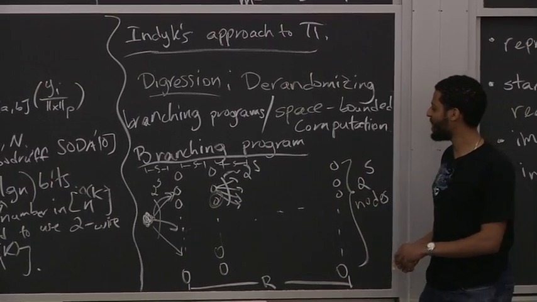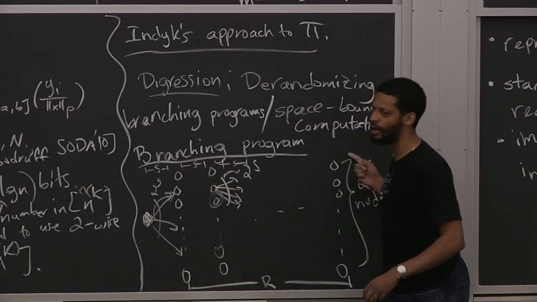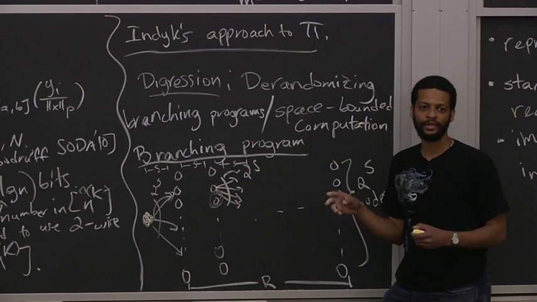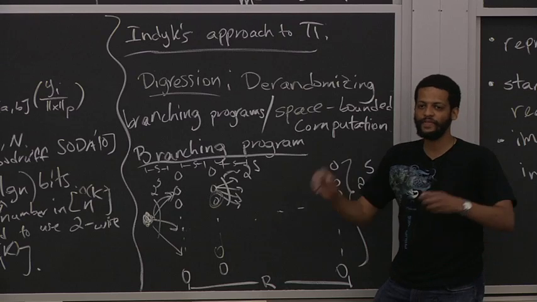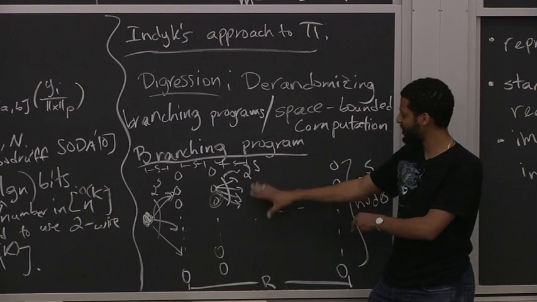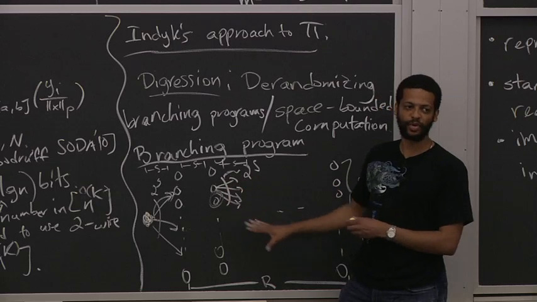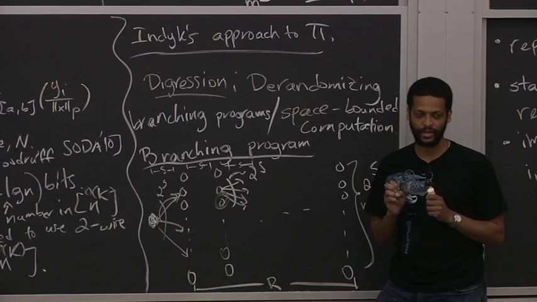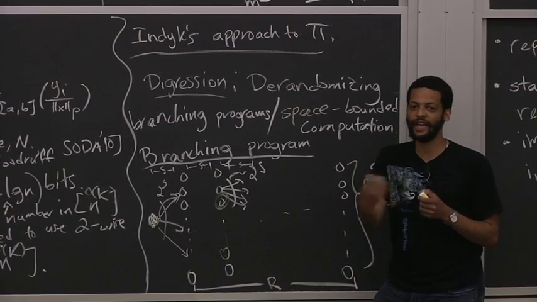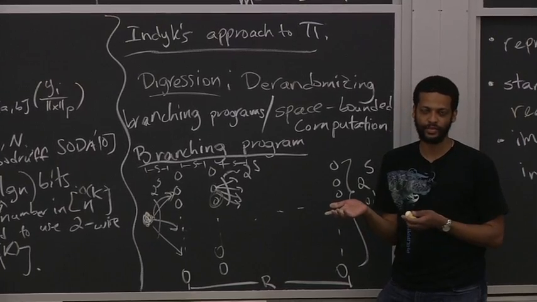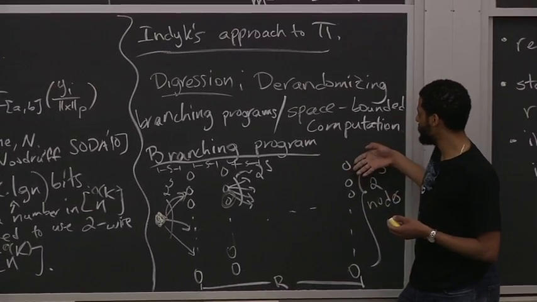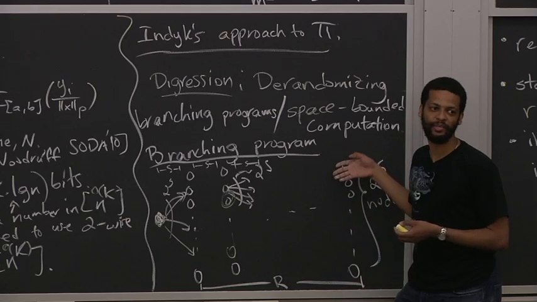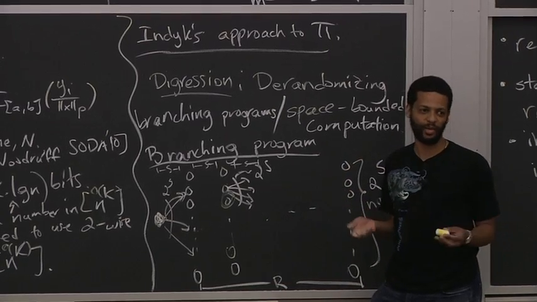So I'm imagining that this entire top string of RS bits written down is my input. And what I'd like to say is, if I feed this program a totally random input versus a pseudo-random input, which could mean the evaluation of a hash function or something, it's still going to behave in the same way, meaning its final state is going to be almost the same.